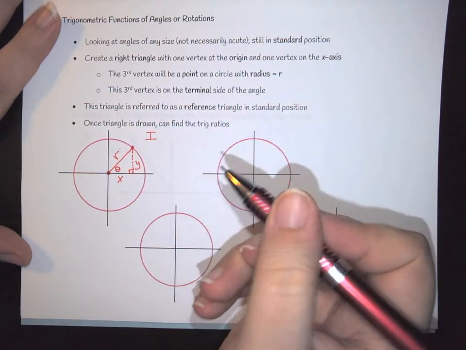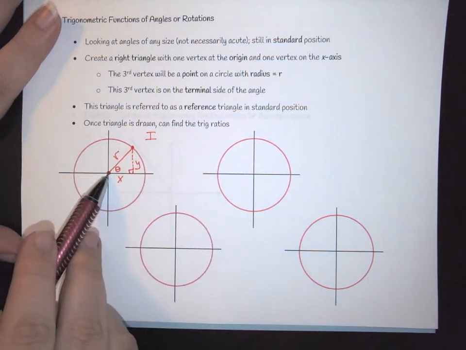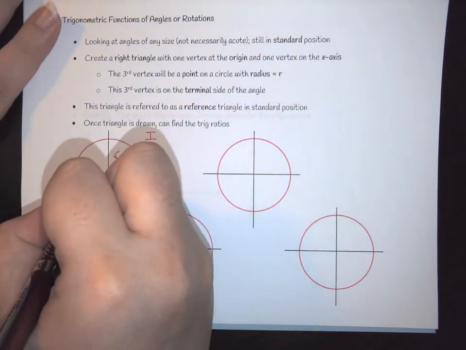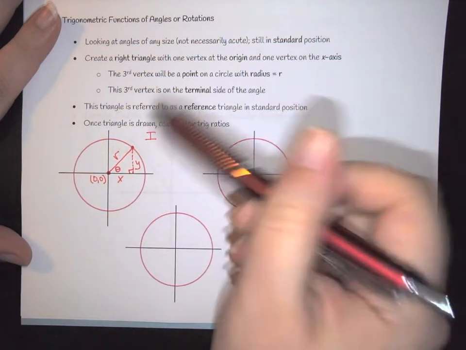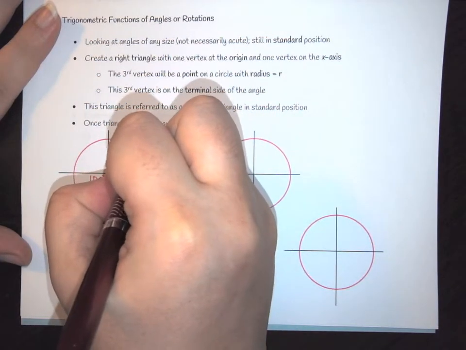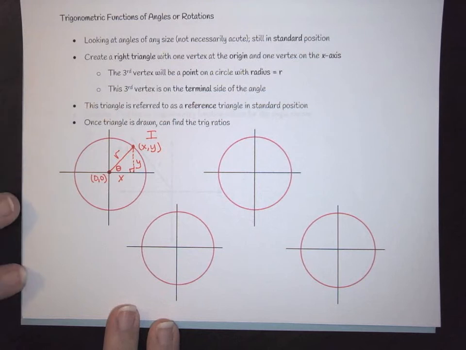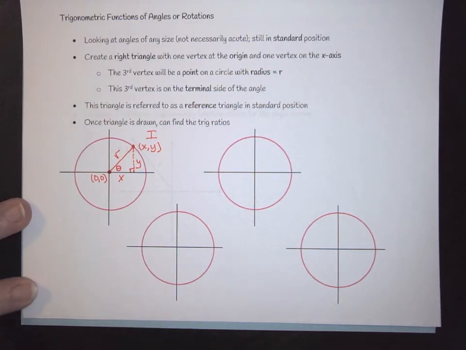So what that means is that your one vertex, this point down here, occurs at the origin, so this is the point 0, 0. Your other one is going to occur here at the point x, y. Now we use that idea in order to solve for trig, but that is your first triangle.